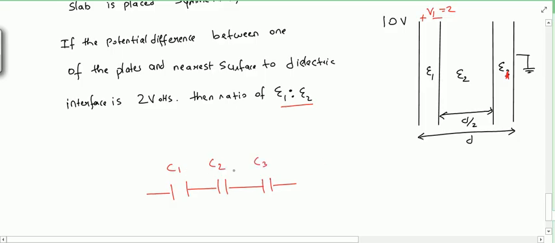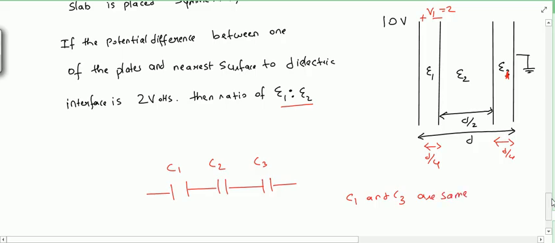Here C1 and C3 will have the same capacitance, because here epsilon 1, and the distance also, here d by 4 and here also d by 4, so that makes d by 2 and d by 2 and complete d. So all are in series, and C1 and C3 are the same.